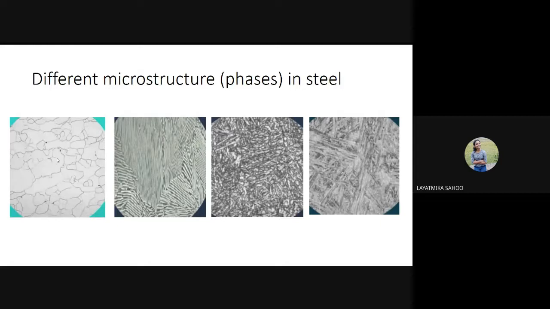That's all. Ferrite is a single phase or multiple phase or mixture of phases? Single phase. That's why you can see only grain and grain boundaries. But what about austenite? Is it single phase, multiple phase, or mixture of phases?